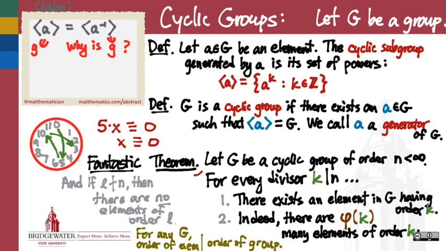Right, so spotting this. Generated by A. That means, colloquially, you can say A generates G. So G is equal to some power of A, right? For some integer k, G is equal to A to the k.